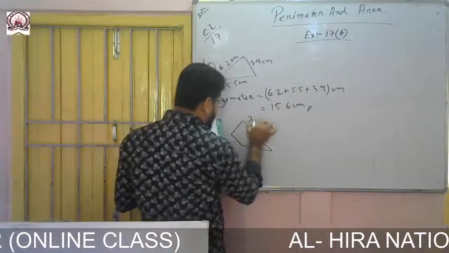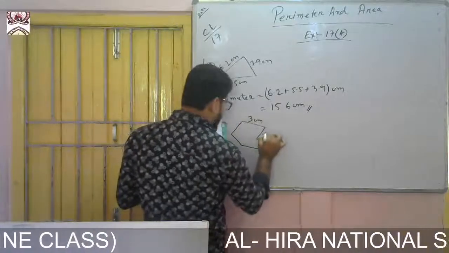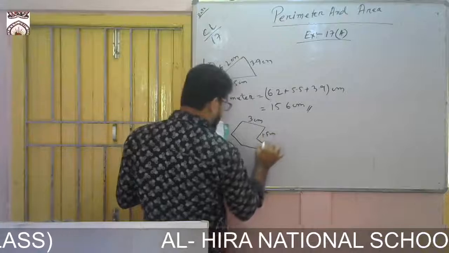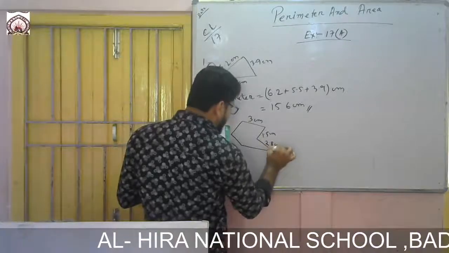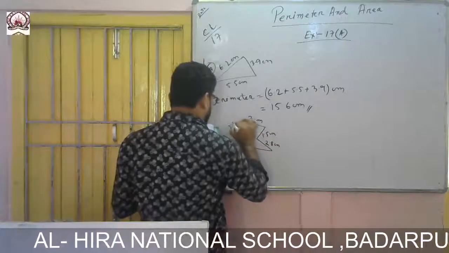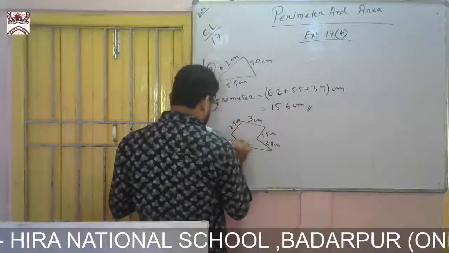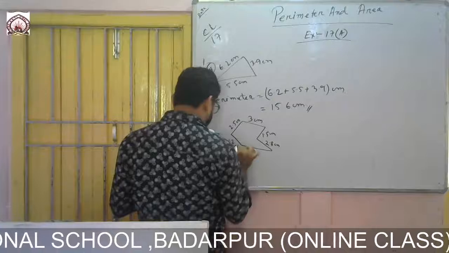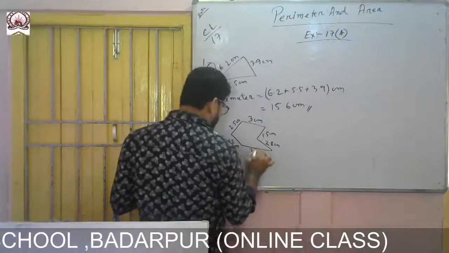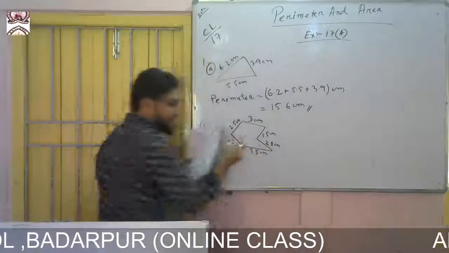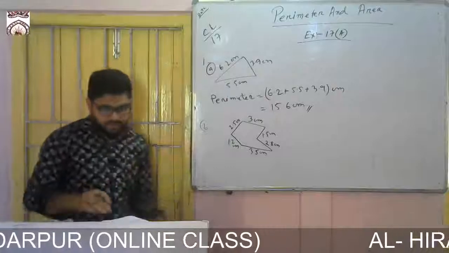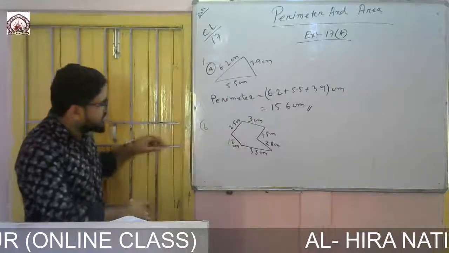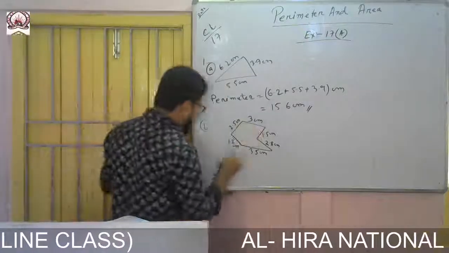So it is 3 centimeter, this one 1.5 centimeter, this one 2.8 centimeter, this one 2.5 centimeter, this one 1.2 centimeter, and this one 3.5 centimeter. This one 3.5 centimeter. So if I add all this, then I shall get the perimeter.